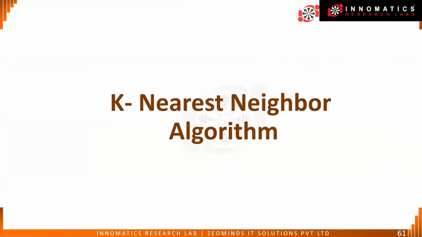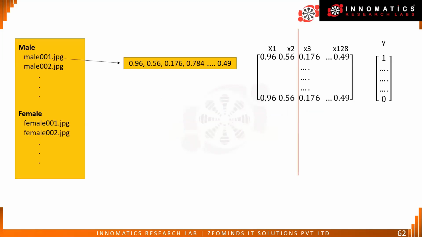Let's discuss a machine learning algorithm, k-nearest neighbor. It's one of the simplest algorithms. For example, this is the data I'm having with me: some 60 or 70 males and some females, with features X1, X2, X3, X4, X5, up to 128 columns and many rows.